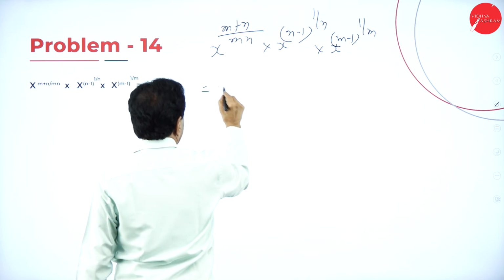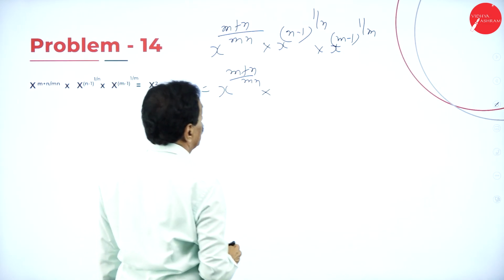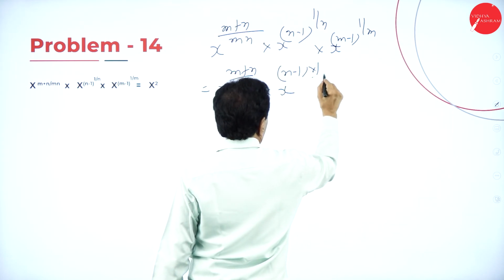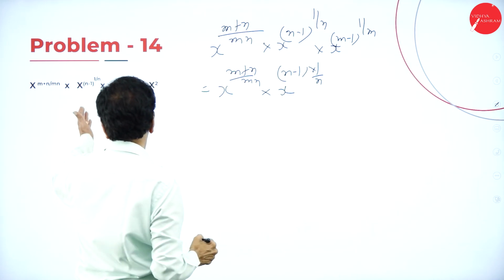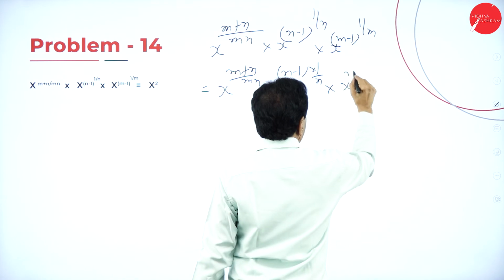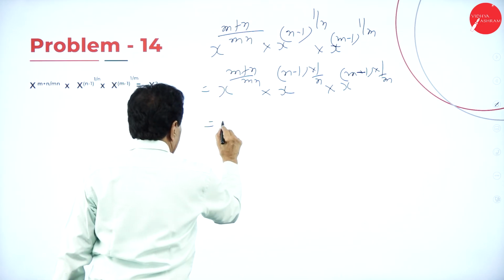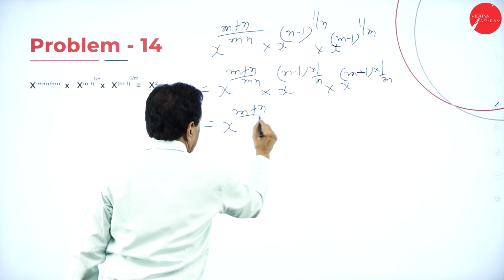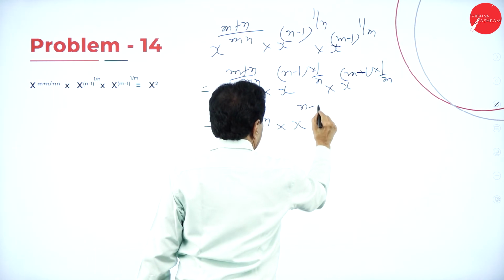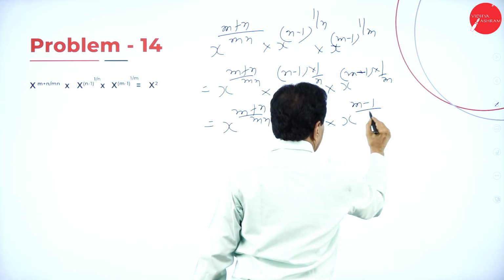This can be written as x to the power of m plus n divided by mn, x to the power of n minus 1 into 1 over n, x to the power of m minus n into 1 over m. This is x to the power of m plus n divided by mn, x to the power of n minus 1 divided by n, x to the power of m minus 1 divided by m.